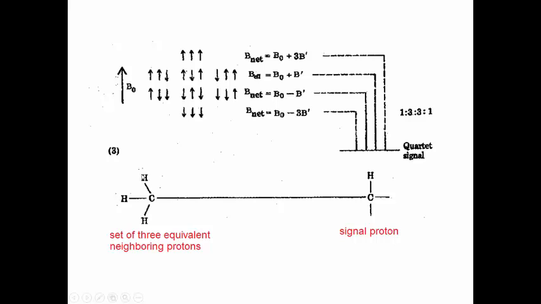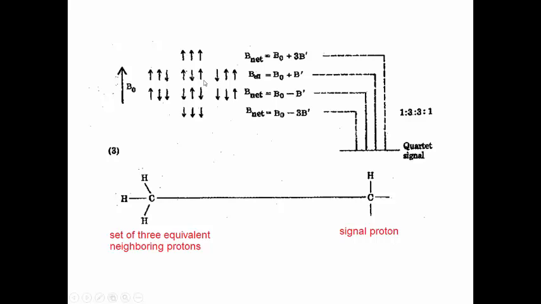Well, all three of our neighboring protons could spin in the same direction, let's say spin up, or they could spin in the same direction, spin down. Or one could be spin up and the other two spin down. Or one could be spin down with the other two spin up.